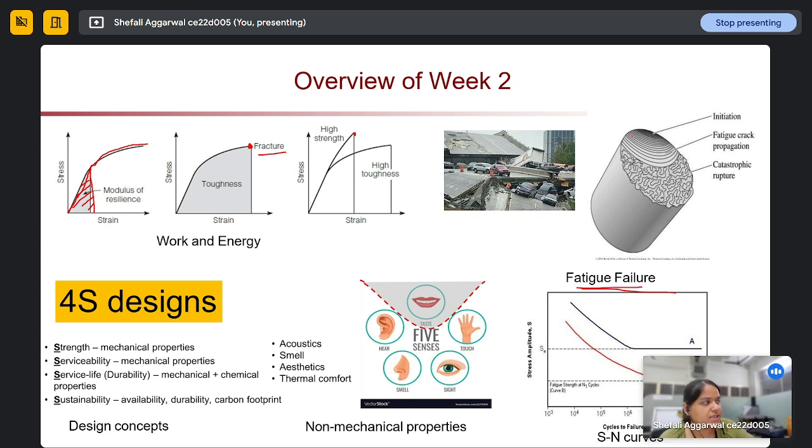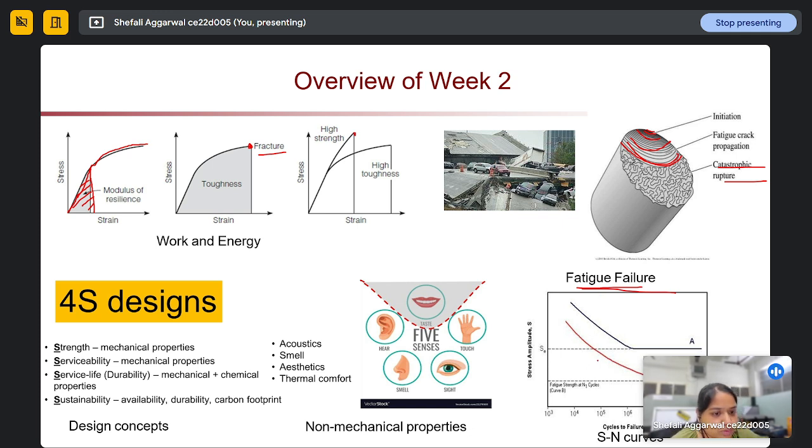This is an example, one mild steel or any metal. Initially, a small fracture will be there, then it will start propagating, and at one point, when this fracture has gone inside a lot, then suddenly there will be a sudden failure. That is the catastrophic rupture of our material. So that is fatigue failure.